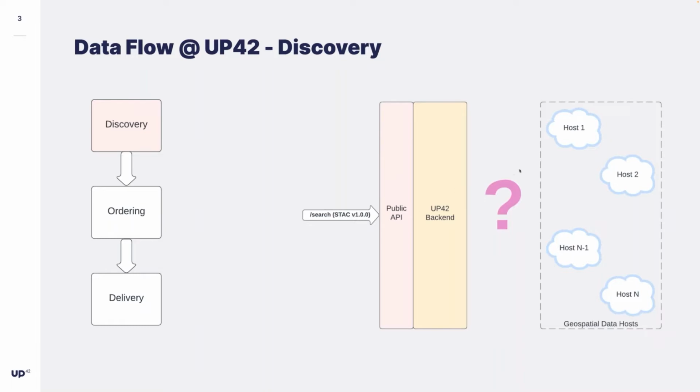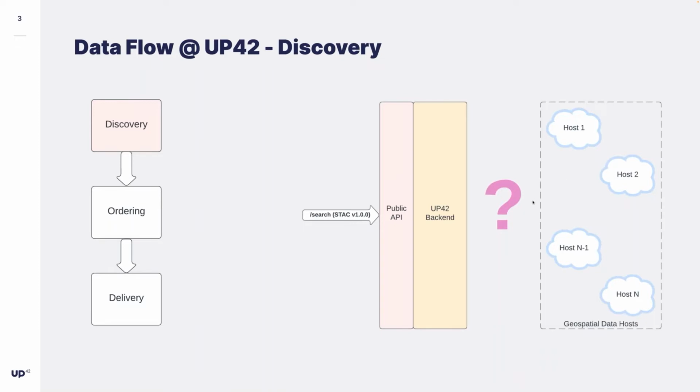There are also different kinds of hosts that can provide data, and they provide some kind of endpoints or other interface to crawl metadata. But there is a question of how to integrate this tool. If these hosts support STAC, there are already tools available for this integration.